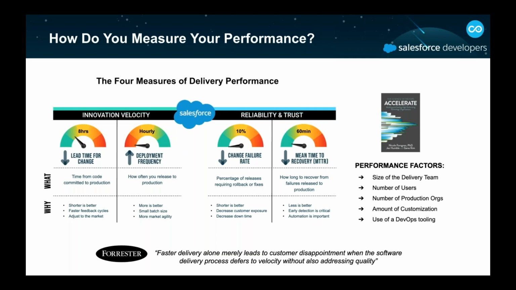But the big eye-opener that we had when we did the State of Salesforce DevOps report is that it's really the size of your delivery team that affects these 4 key metrics. After that, the number of users you're supporting, the number of orgs, the amount of customizations that you've built in, and it is critical to think about what level of tools you are using around DevOps to automate all the processes. Next.